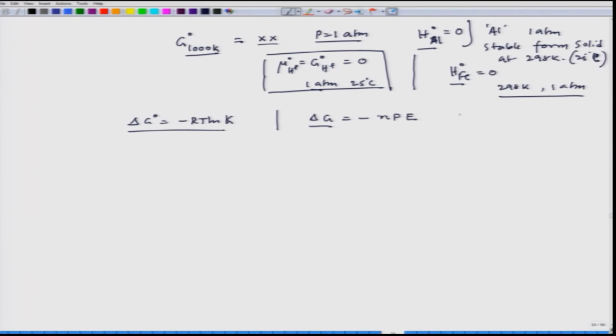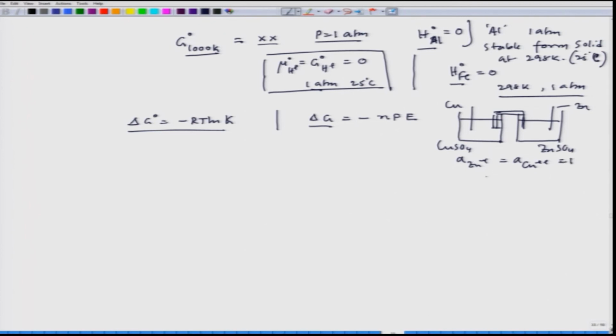If you recall, when we talk about this particular cell, copper, salt bridge, copper sulphate, zinc sulphate and zinc, we saw that if the activity of zinc ions equals the activity of copper ions equals 1, then the cell potential becomes 1.1 volt at 1 atmosphere pressure and 25 degrees Celsius.